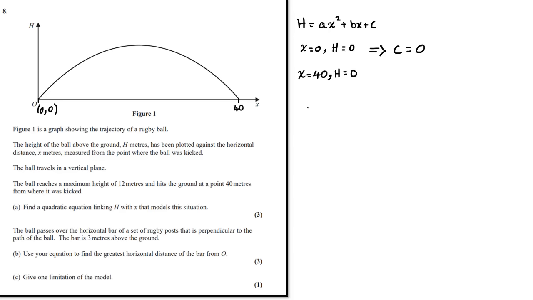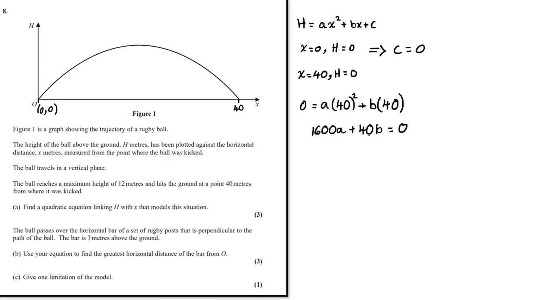The left-hand side is 0 because h is 0, which is equal to a lots of 40 squared plus b lots of 40, and then plus 0, since c we know is 0. So in that case we get 1600a plus 40b is equal to 0.